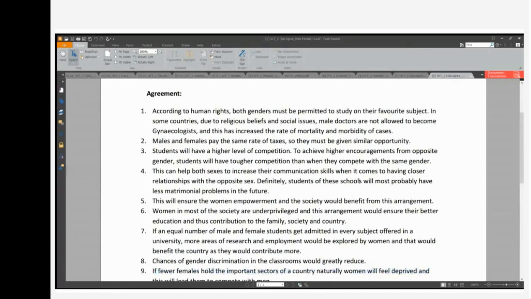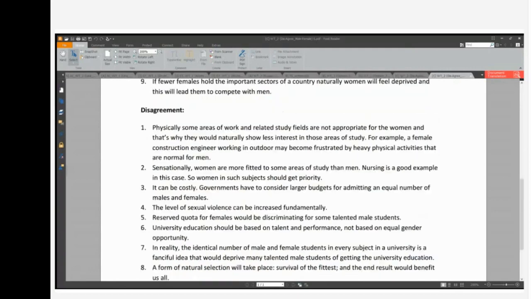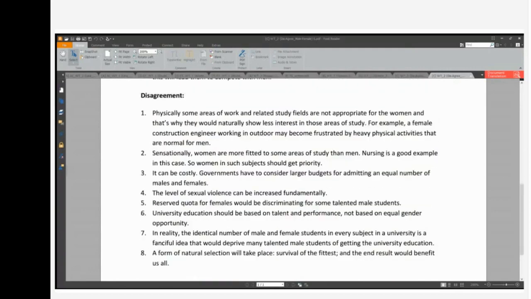So first thing you can say is that physically some areas of work and related study fields are not appropriate for women, and that's why they would naturally show less interest in those areas of subject.